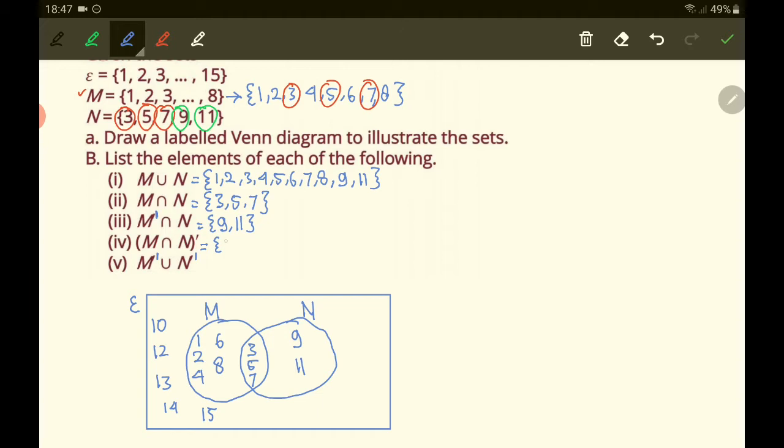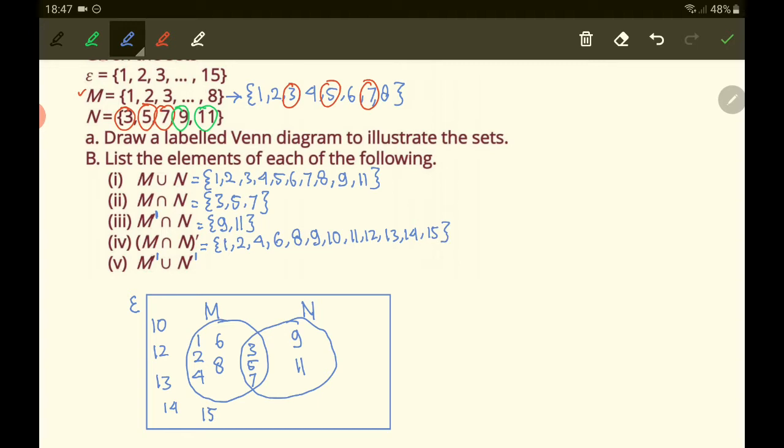So we can list down all. So 1, of course, and then 2, not 3. So we skip it, and then 4, not 5, 6, and then we skip 7, and then 8, 9, 10, 11, 12, 13, 14, and 15. So this is the answer.